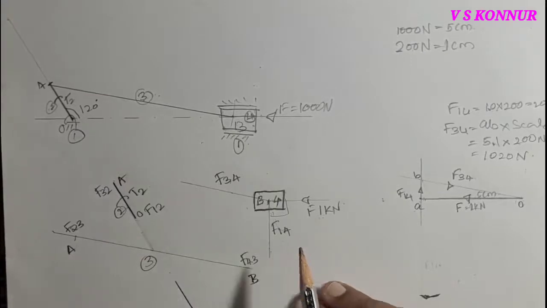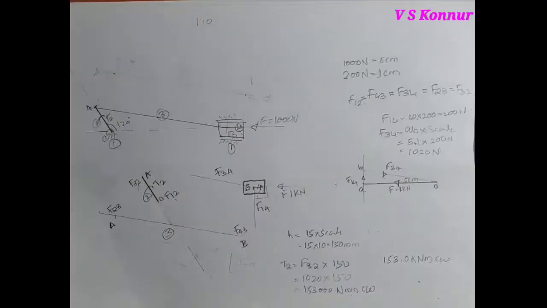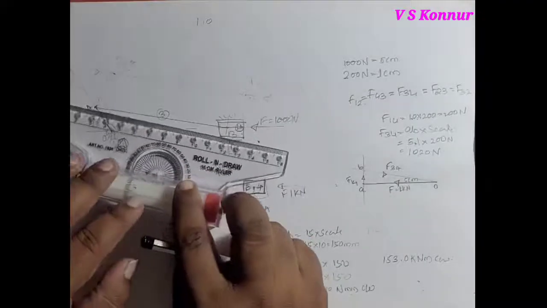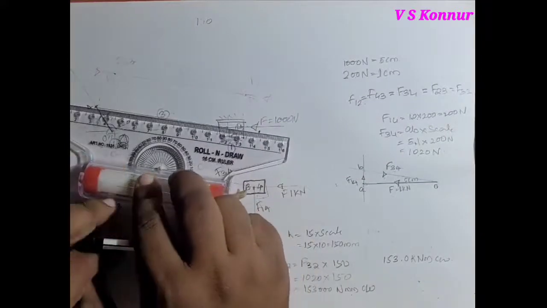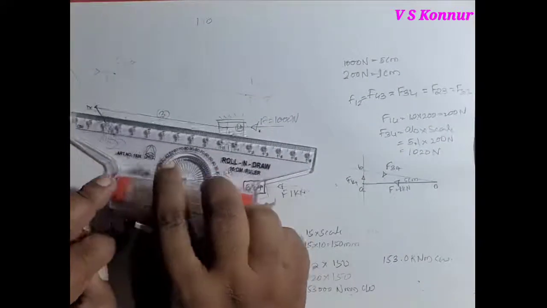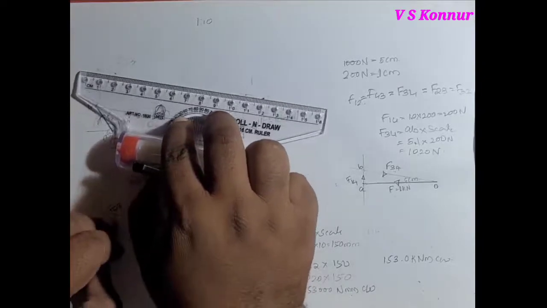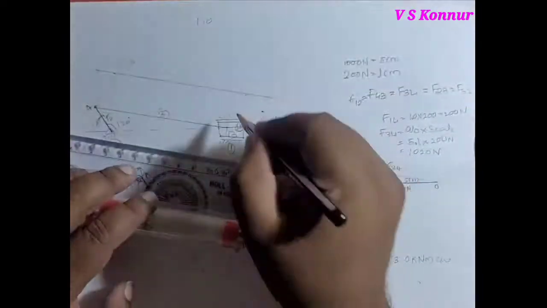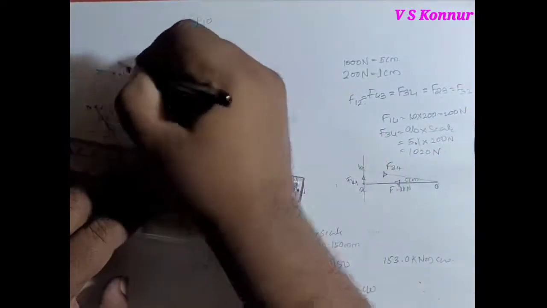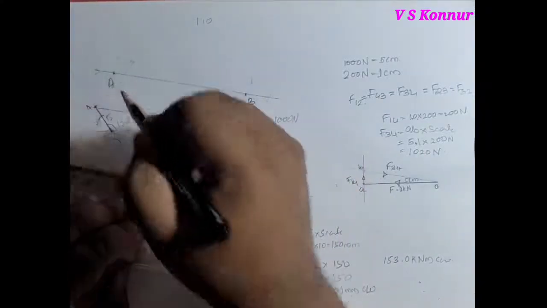Once again you have to draw parallel to this force, because you have to show the forces acting on this line, and cut it at 90 millimeter. The distance is 90. This point is called B, this point is called A.